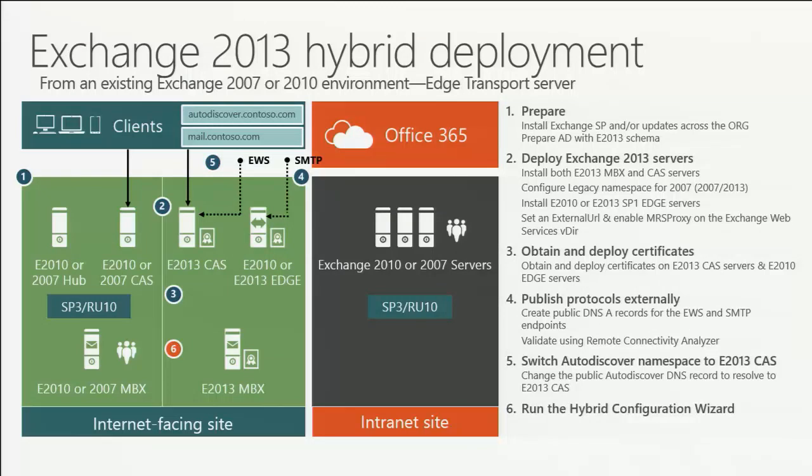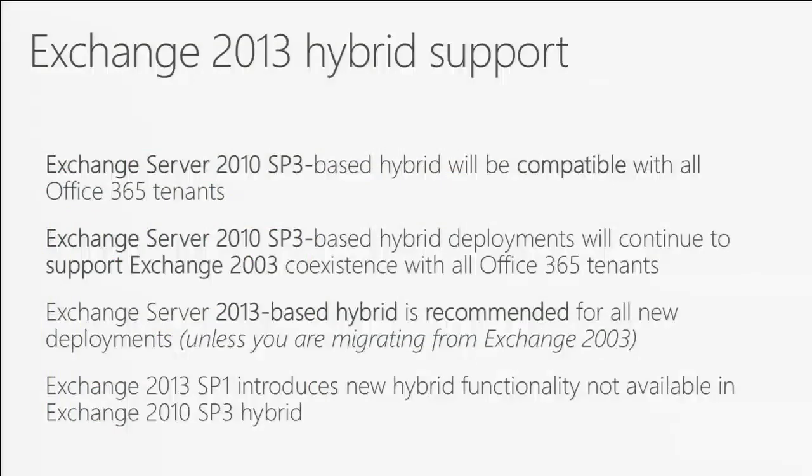Once we've gone through all these deployment steps, the Hybrid Configuration Wizard will go through the process for us of establishing this hybrid relationship with our Office 365 tenant. And some animation to show the folks moving up to Office 365. They're very happy. They have their 50 gig mailboxes. They're ecstatic.